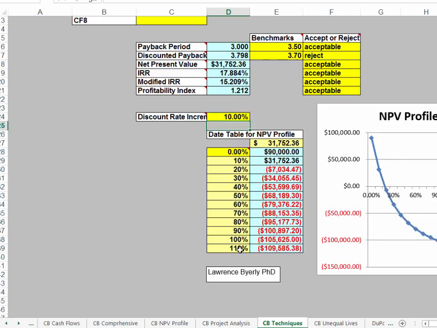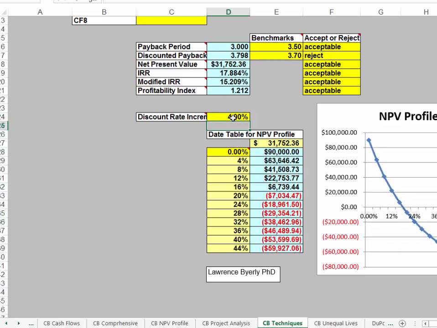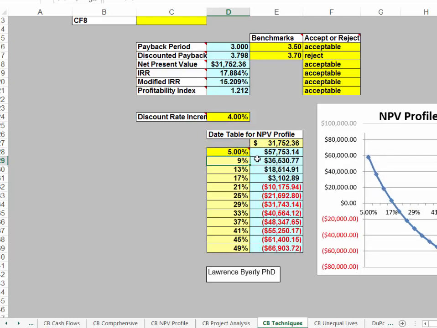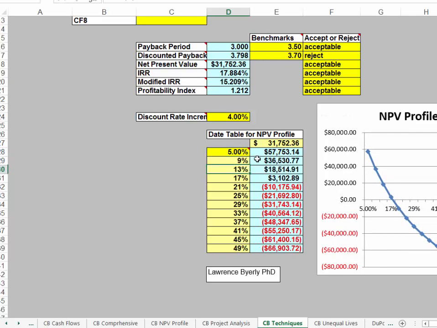Now this goes 0, 10, etc. I could do it by fours if I wanted to. If we start at 0, let's start at 5, so 5, 9, these are going in 4 percentiles. And again, you can get a picture of where you think this curvilinear function goes.